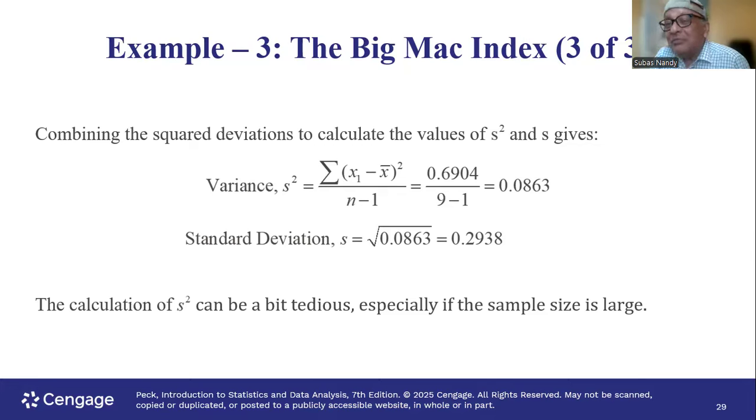Why are we dividing by sample size minus 1 instead of just sample size? Because first we use the sample data to calculate x bar, which is the sample mean. So we square the deviations, add them together, divide by sample size minus 1.